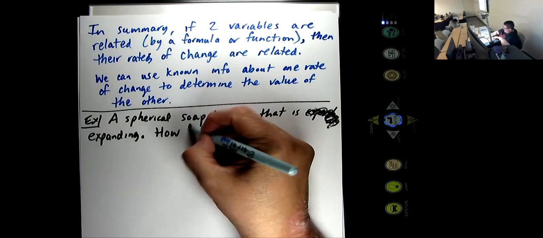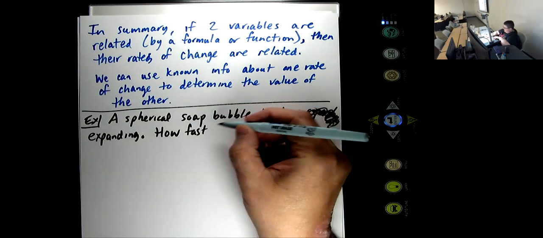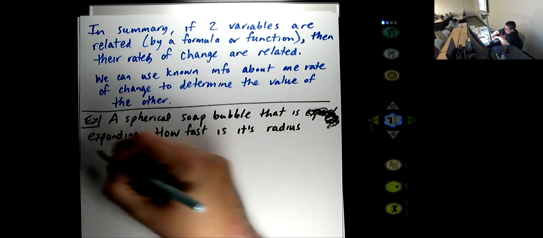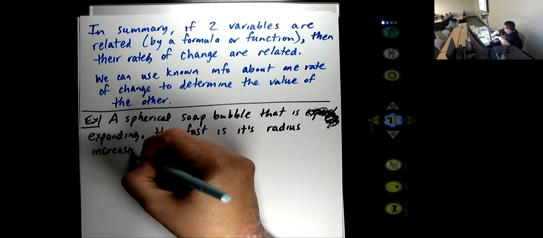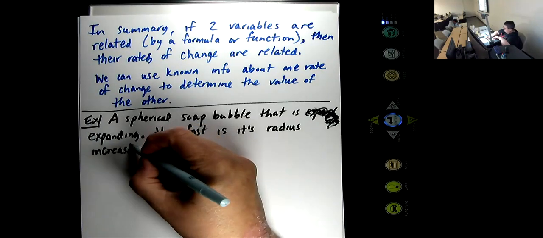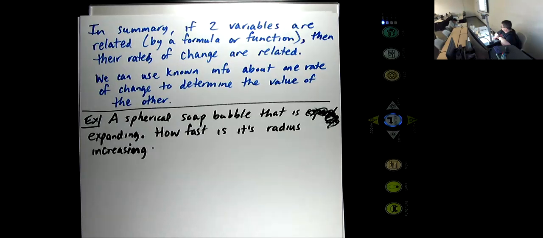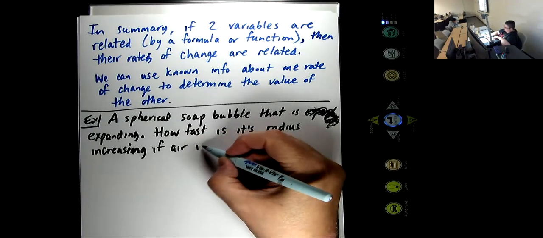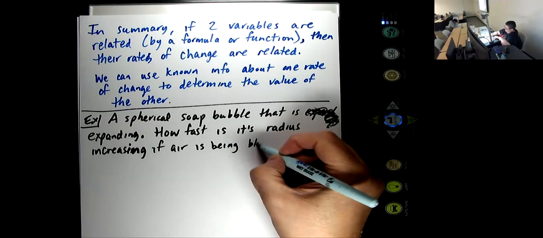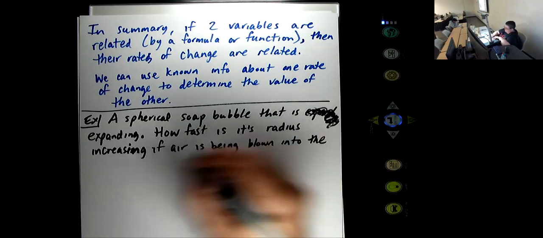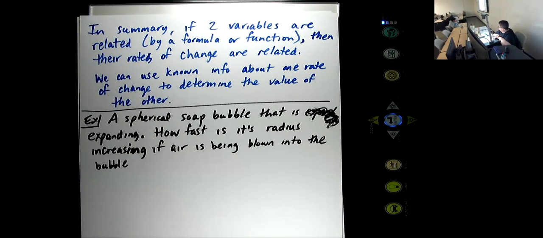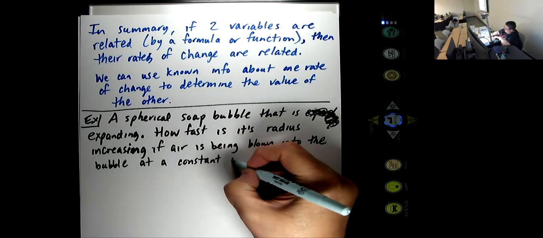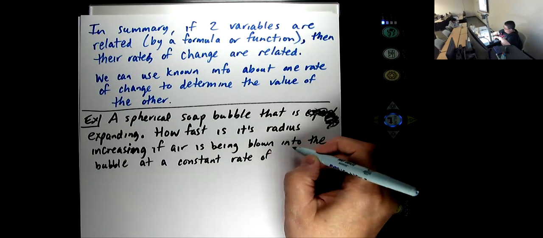How fast is its radius increasing if air is being blown into the balloon or bubble at a constant rate of 3 cubic inches per second?